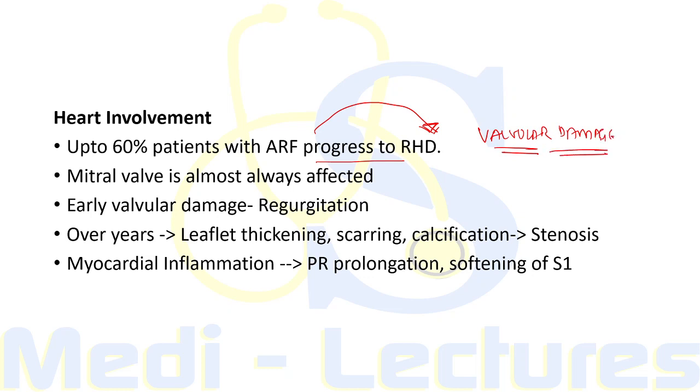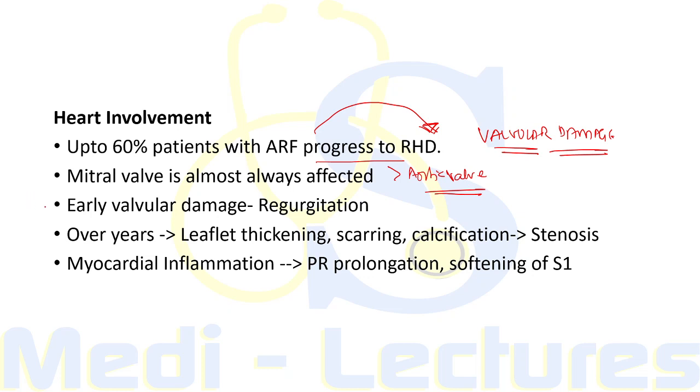So valvular damage is the hallmark of rheumatic carditis. When we consider the valves, mitral valve is almost always affected, followed by aortic valve. So the most common valve affected is mitral valve, followed by aortic valve. Pulmonary and tricuspid valve damage is usually secondary to increased pulmonary pressures.